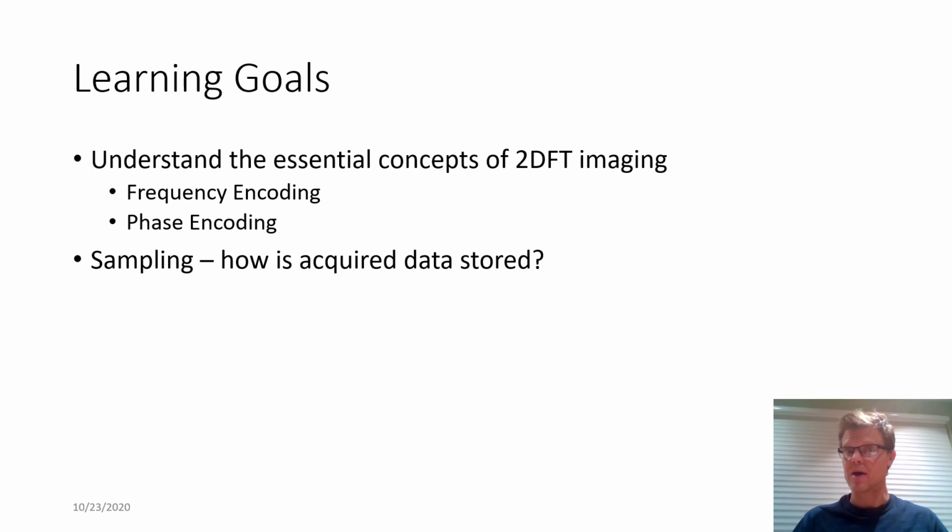We talked briefly about back projection, although we're really focused on 2D-FT imaging methods, since it is by far the most common imaging method. And then we briefly discussed at the end there how we're going to be incrementing through our phase encoding steps and storing this data in our K-space matrix, which will then build on how we start to reconstruct images from that.